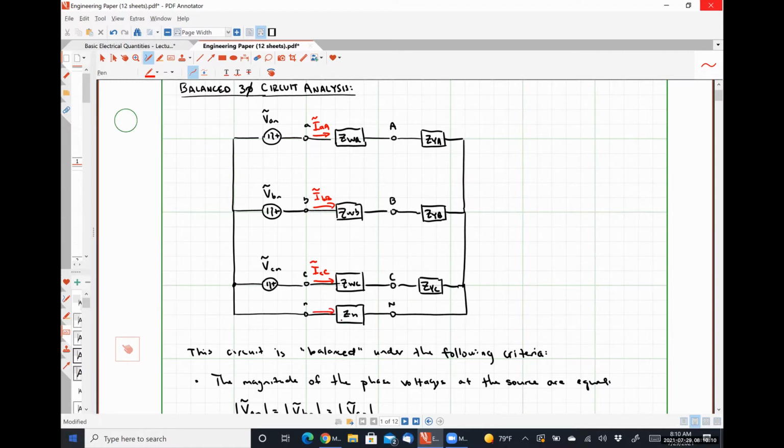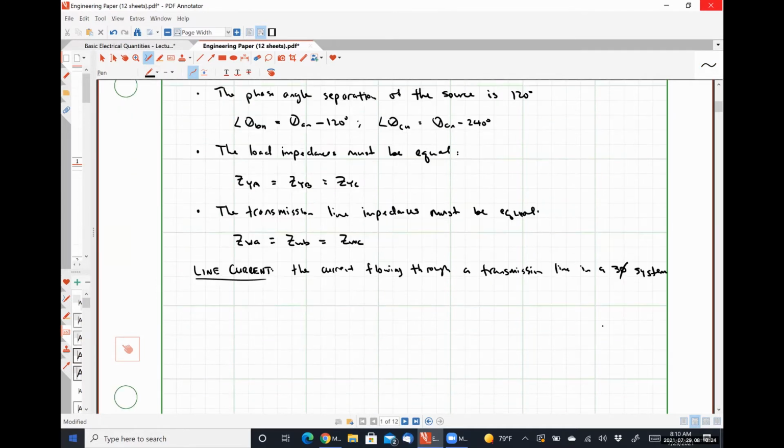And finally, the current flowing through the neutral line from lowercase n to uppercase N will be INN. So those are my four line currents in this system. Typically speaking, though, I don't consider the neutral current to be a line current. And again, we'll discuss why in a second.